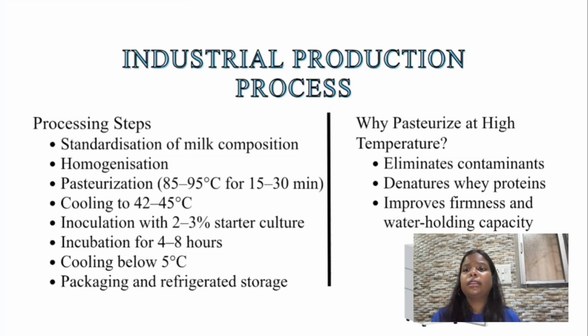After cooling the milk to around 42 to 45 degrees Celsius, the starter cultures are added. The mixture is incubated for 4 to 8 hours, during which fermentation occurs. Finally, the yogurt is cooled below 5 degrees Celsius to stop bacterial activity before packaging and refrigerated storage. Each of these steps is essential for producing yogurt with consistent quality.